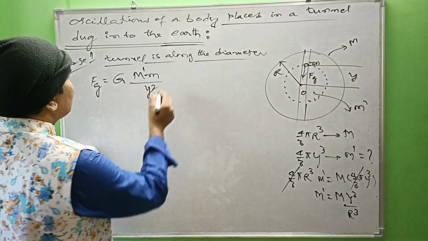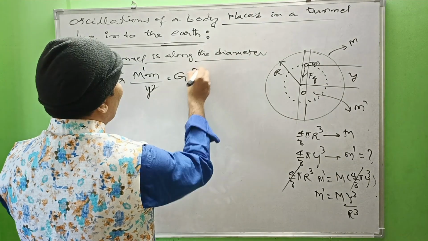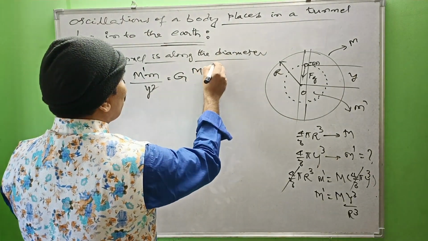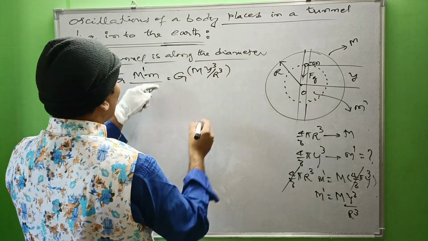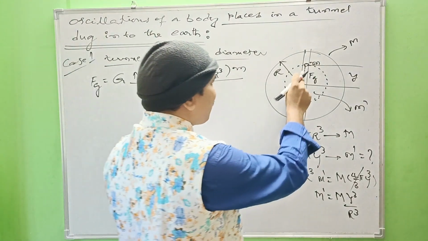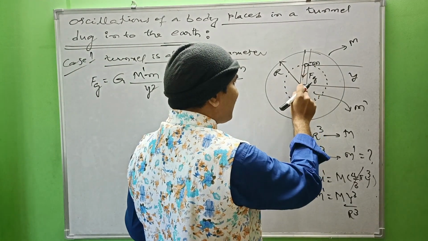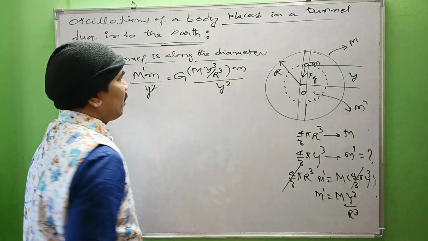So F equals capital G into M dash, that is M into y cube by R cube, whole into small m, divided by y squared. What is the distance of the body from the center of the earth? That is y, so y squared.